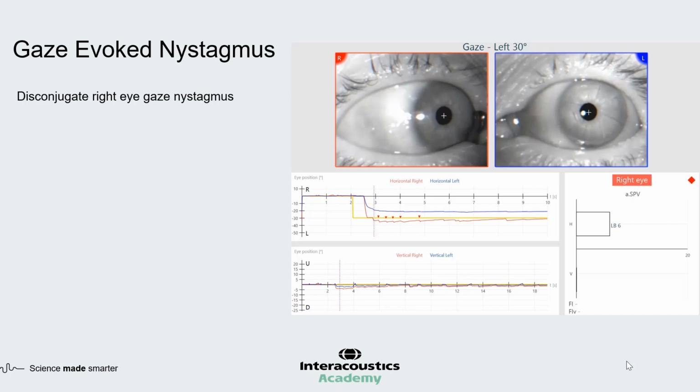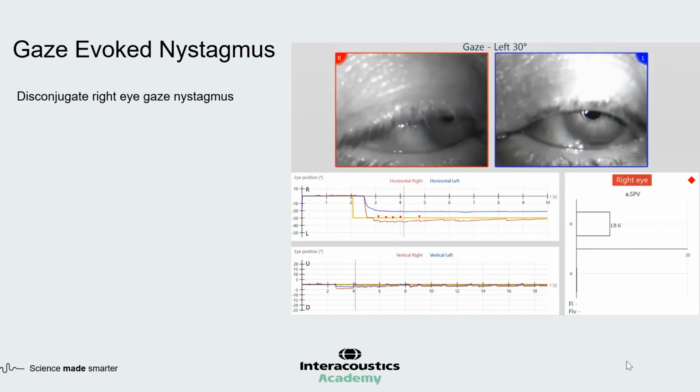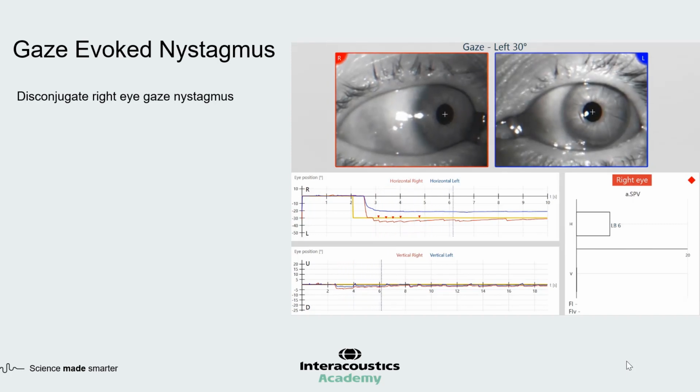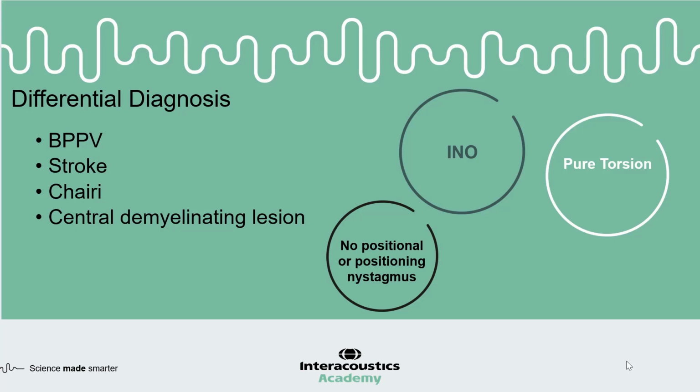So there's an internuclear ophthalmoplegia, an INO, or some difference in the motion of the eyes, and then there's the asymmetrical unilateral right gaze evoked nystagmus. When we look at this video, we can see while he's gazing to the left, the left eye is pretty stationary, but the right eye has a clear nystagmus. And this again is another central finding.